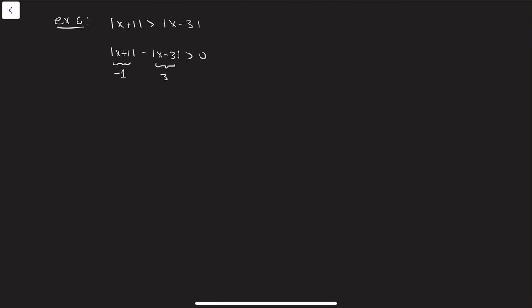So we have these points where we need to check. Let's use the number line. We need to check these intervals. So we have -1 here and 3. So we need to check the value when x is less than -1, in between -1 and 3, being case 2, and case 3 is as such.